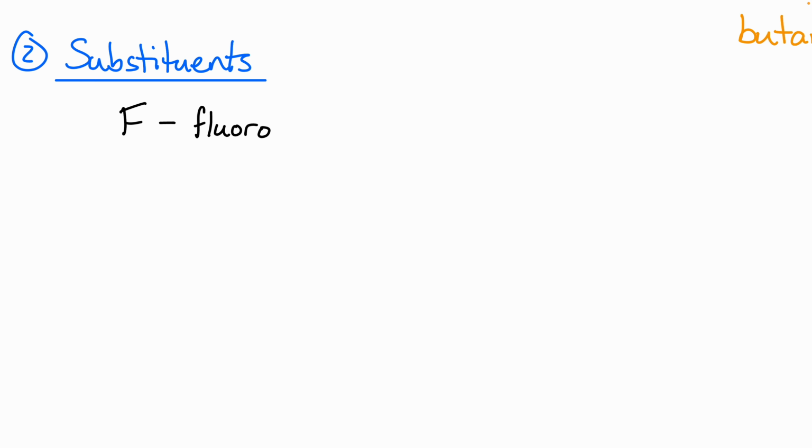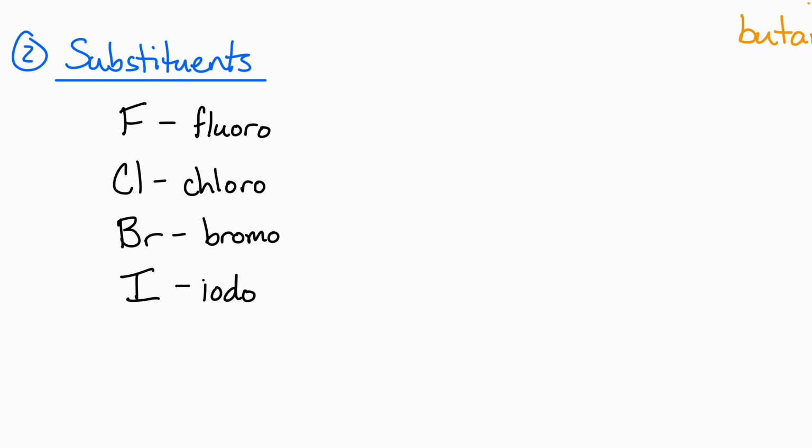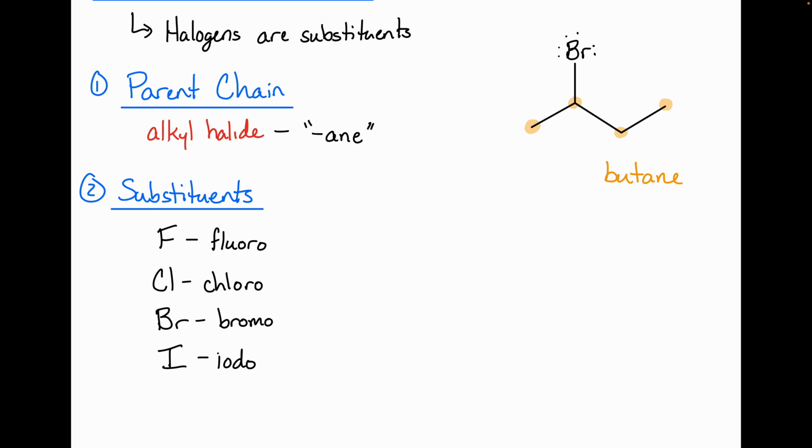It's F-L-U-O. So fluoro. Chloro is a chlorine. Bromo is a bromine. And iodo is an iodine. So this thing here is a bromo substituent.